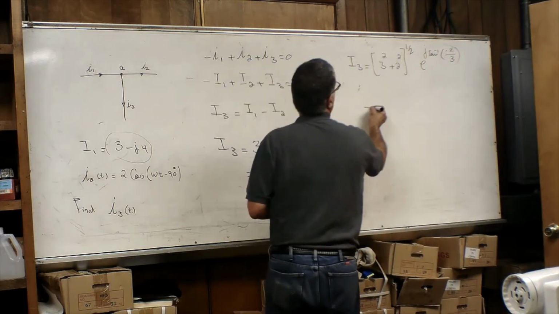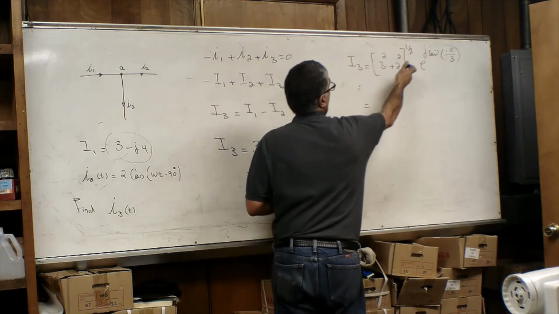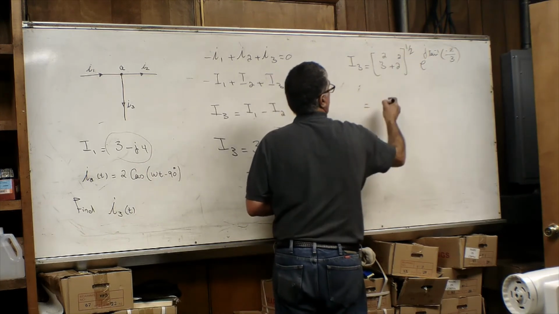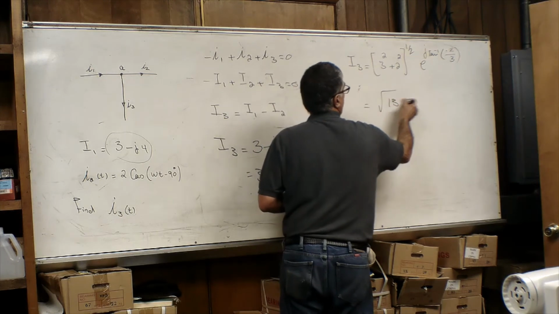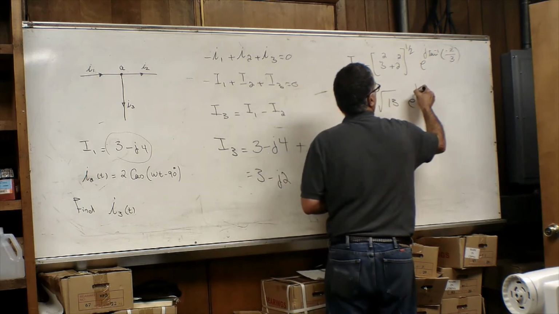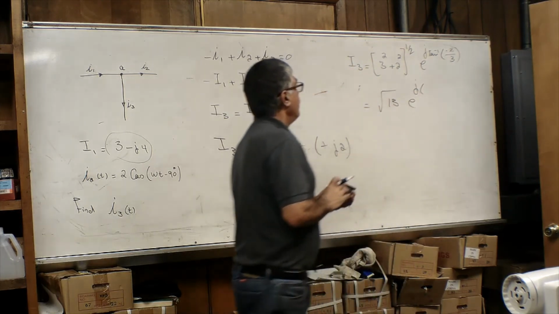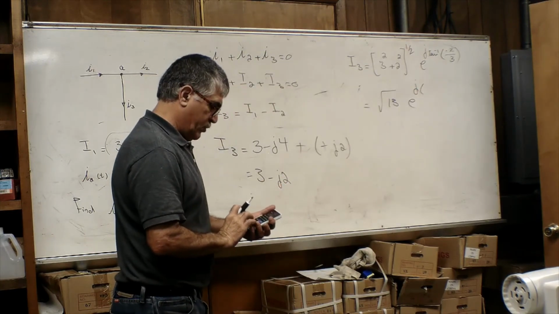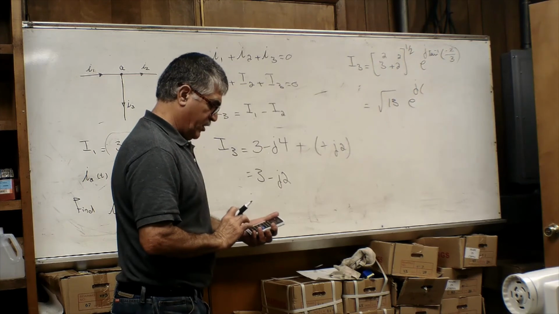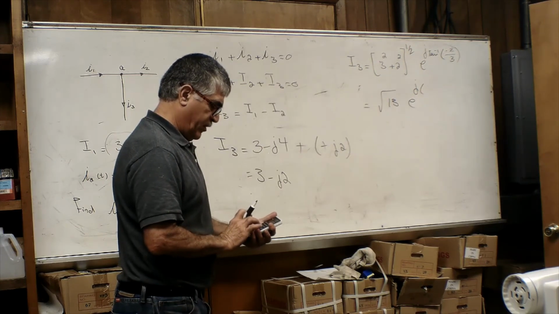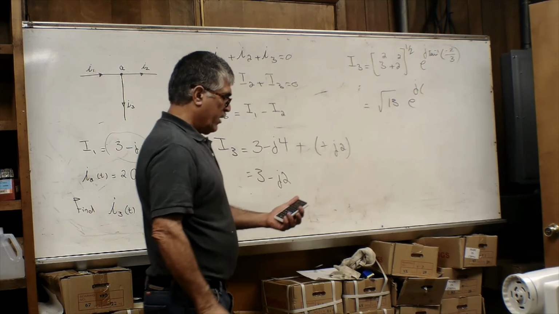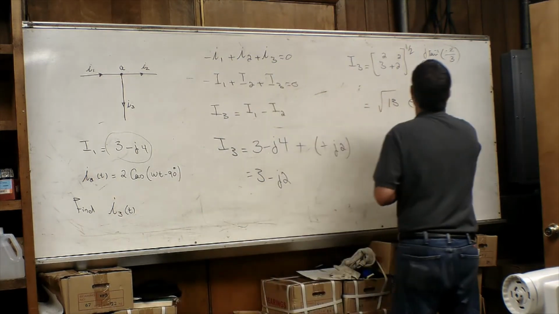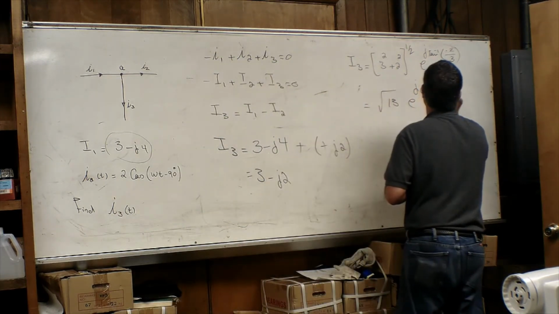So this will be equal to 9 plus 4, which is 13, the square root of 13, e to the power j tangent inverse of -2 divided by 3. The inverse tangent of that will be 33.7 degrees, so minus 33.7 degrees.